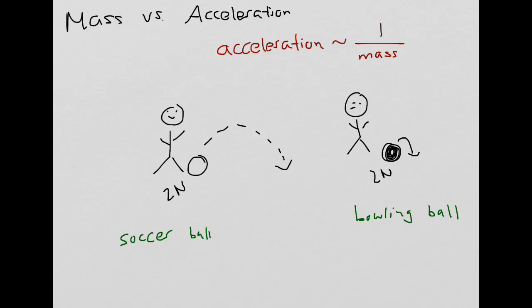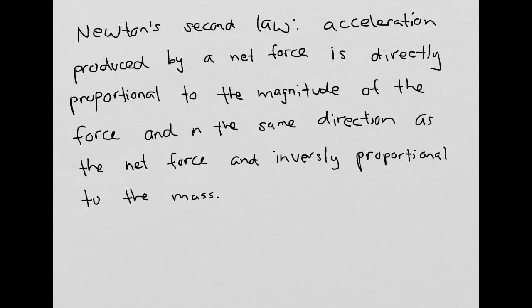Okay, so putting this all together, we get that Newton's second law is: acceleration produced by a net force is directly proportional to the magnitude of the force and in the same direction as the net force and inversely proportional to the mass.